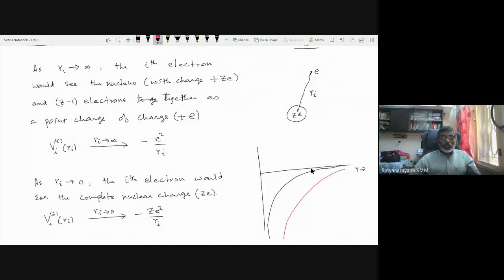As Ri goes to 0, minus Ze square by R goes to negative, so this graph is minus Ze square by R, and this other graph is minus e square by R. The actual form is that it should go like this as R goes to 0, and then as R goes to infinity, it should go like this.